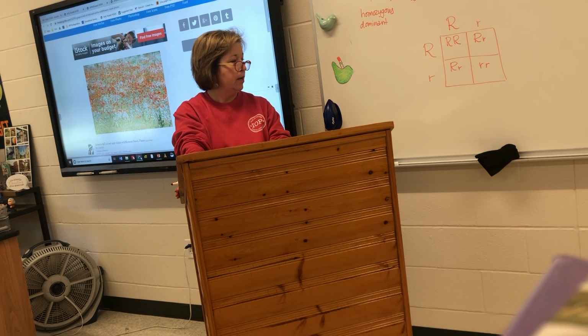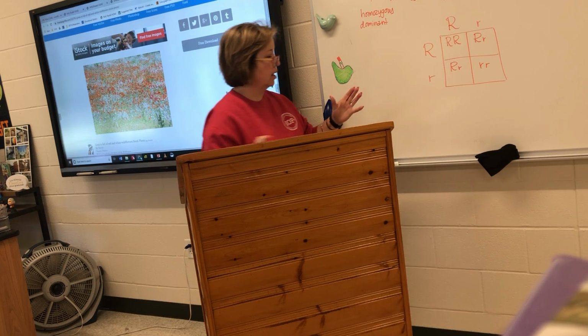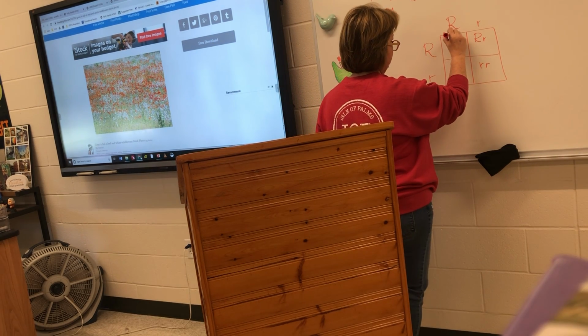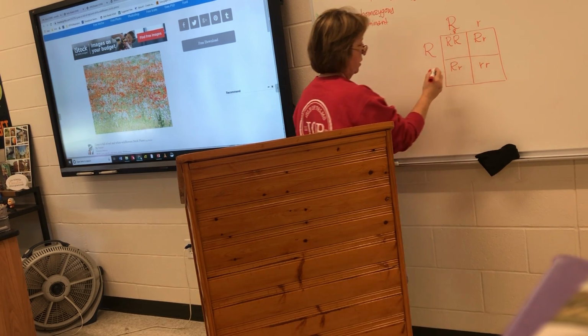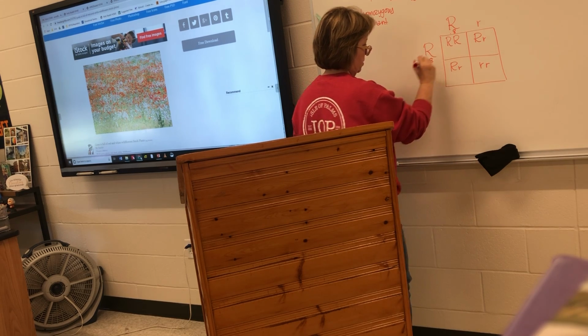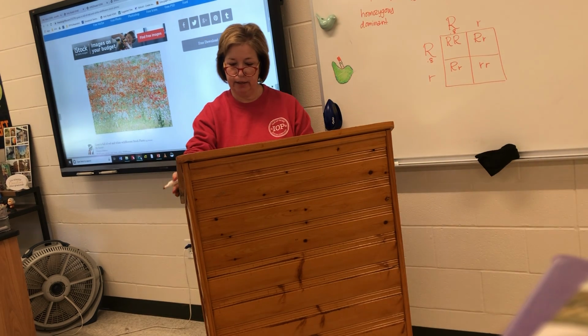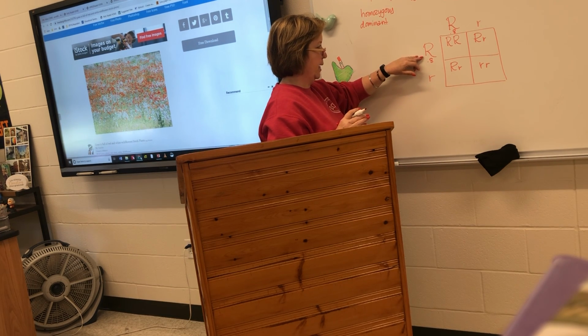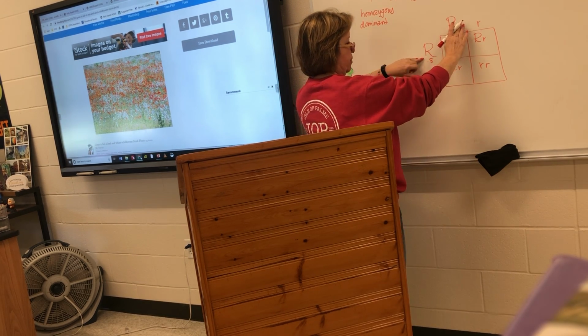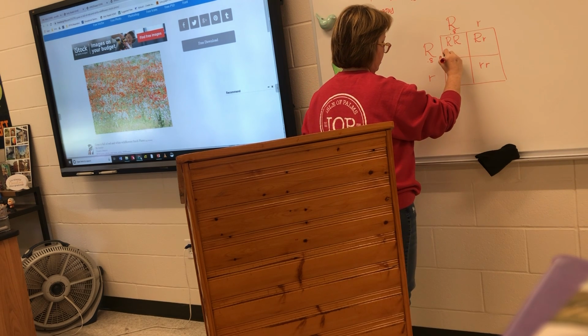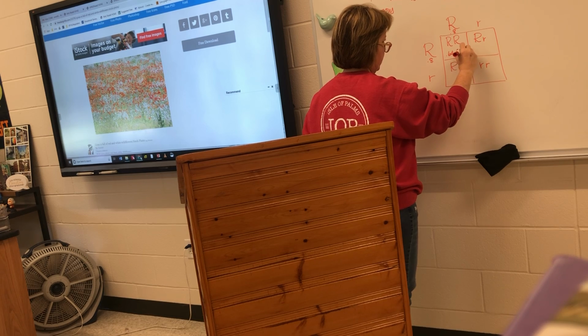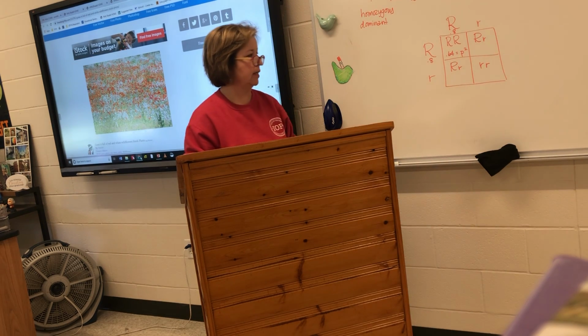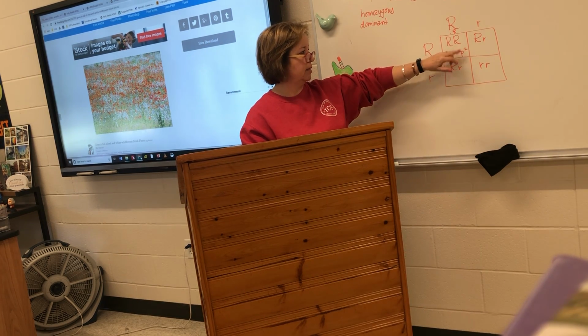If we know that the allele frequency for the dominant allele, big R, was 0.8, then we can say that this gamete providing big R and this gamete providing big R, then 0.64 is the combination of those two, giving us a homozygous dominant phenotype.